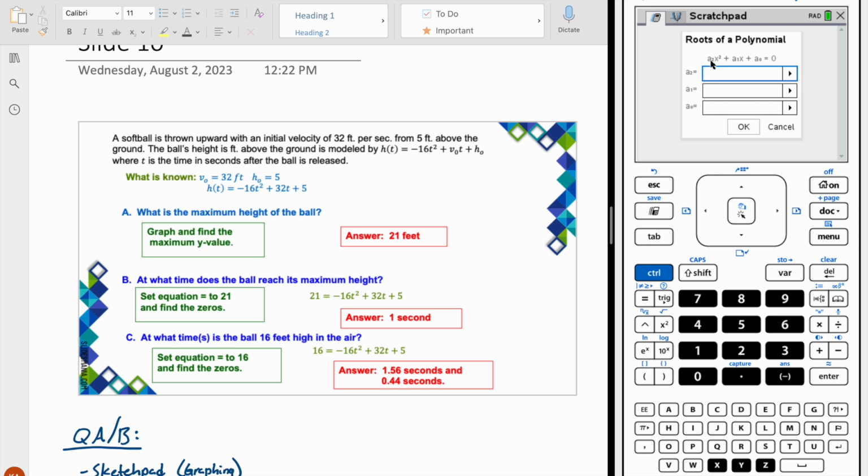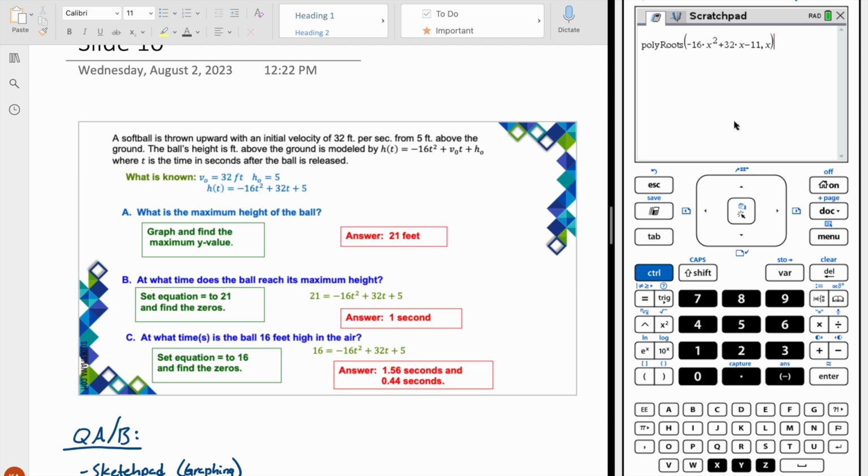What they're asking for are the coefficients. So in this problem, this would be negative 16. Our second would be positive 32. And our last would be a negative 11. We hit OK.